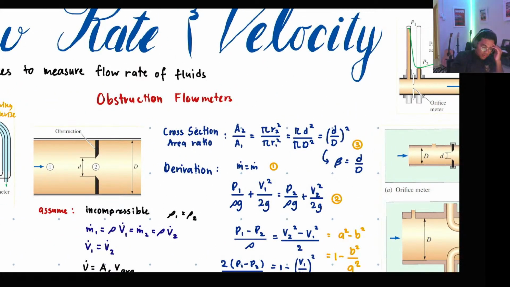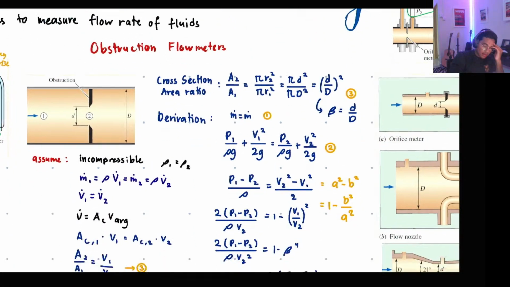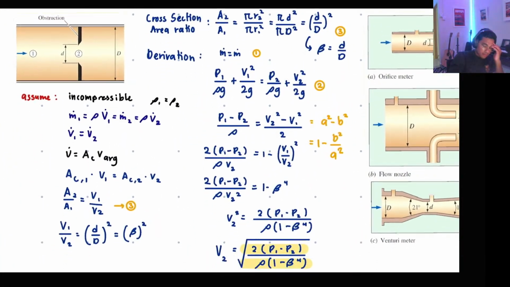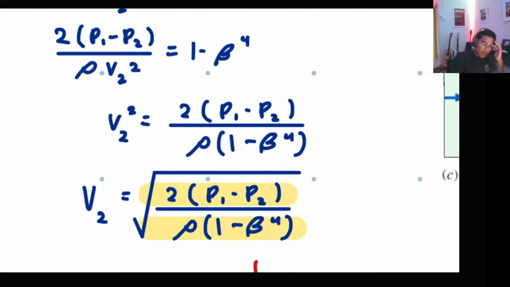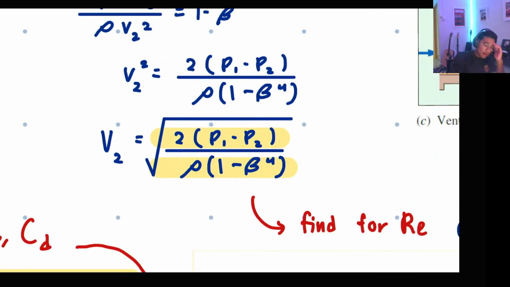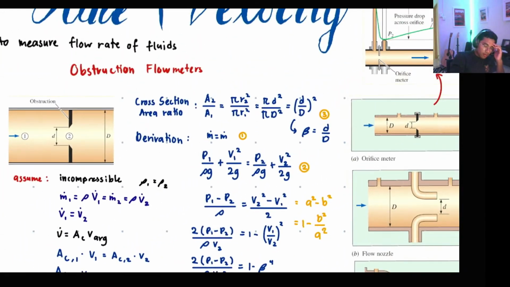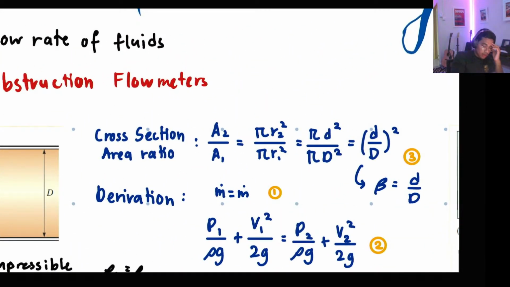Then we go to obstruction flow meters. I just want to share how we derive this equation. So this is the cross-sectional area. Bear with me. A2 over A1. Area is pi r squared over pi r squared.